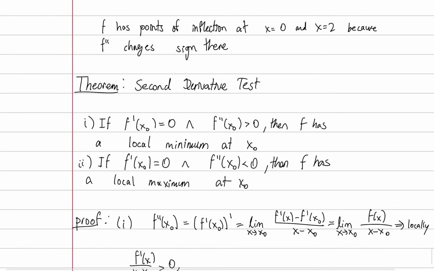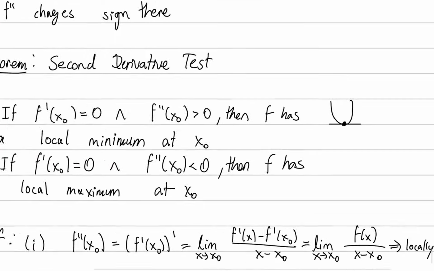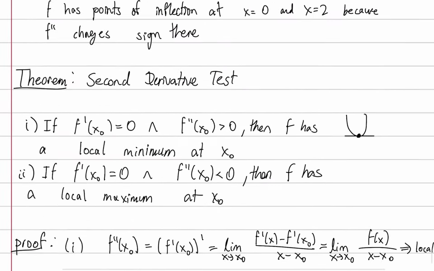So it says that if the derivative at x naught is 0, we have a candidate for a local extremum, and f double prime is positive, then f has a local minimum. F double prime is positive means f is concave up, so we're going to have somewhere this, and where f prime is 0, notice, we have a local minimum.